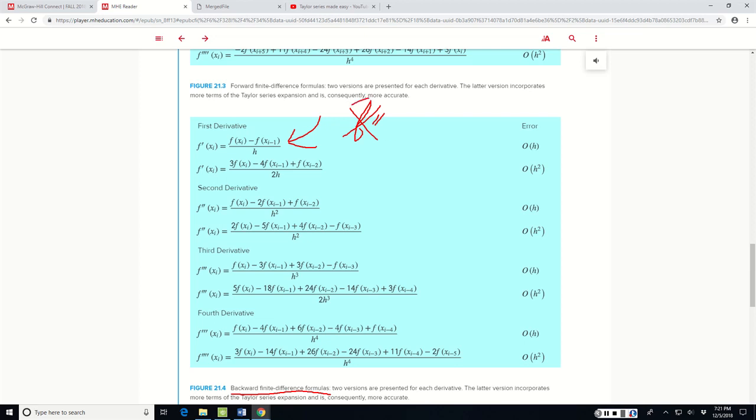But if you don't truncate it, if you keep this term, you get this formula, which is more accurate. It's using an extra neighbor, but in this case you're using backward neighbors, not forward neighbors, because this table is for the backward finite difference formulas, right? And then you can do the second derivative, third derivative, and fourth derivative also. So these are all using the backward neighbors.